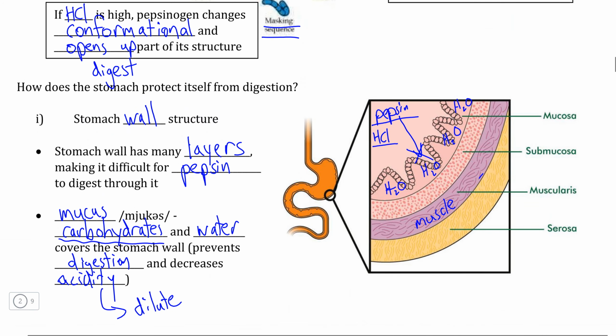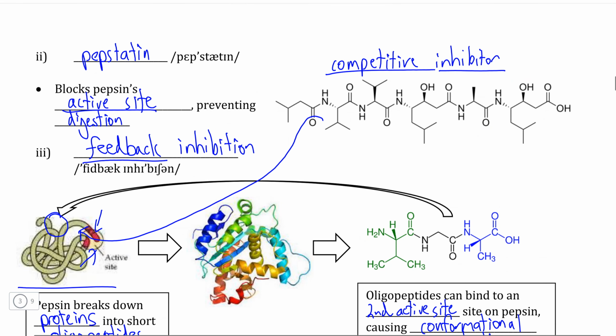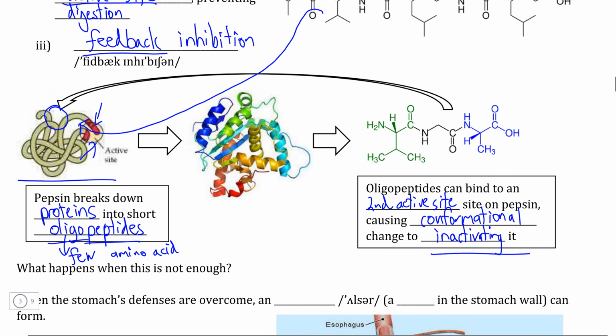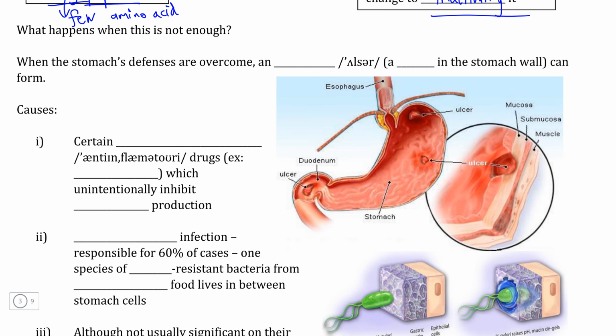So between the extra thick layer of walls in the stomach, especially the mucosal layer that prevents pepsin from being able to get at the muscle, this competitive inhibitor pepstatin, and a built-in feedback inhibition mechanism, most of the time your stomach is very good at regulating the activity of pepsin, but sometimes it is not enough.